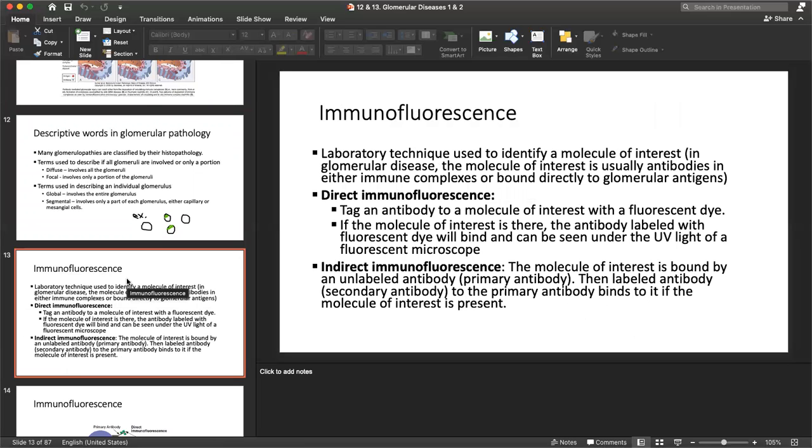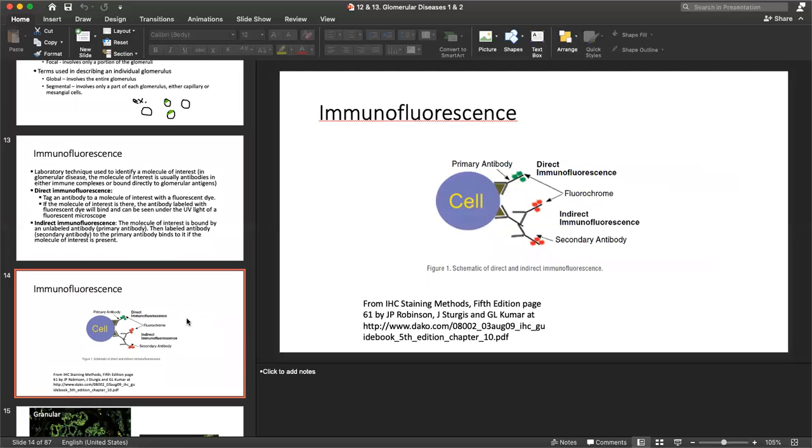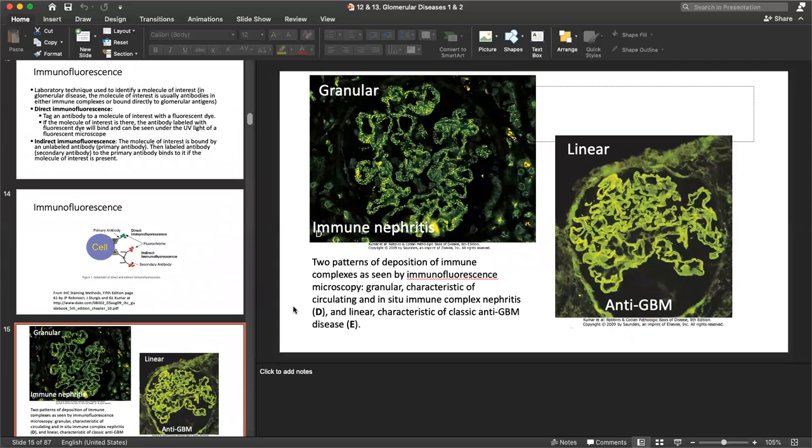So the lab technique is immunofluorescence. That's all we care about. Direct is the primary antibody, indirect, secondary. You're definitely 100% going to get these pictures, and you need to know if it's either granular or linear. Linear, you can see it's completely filled in.